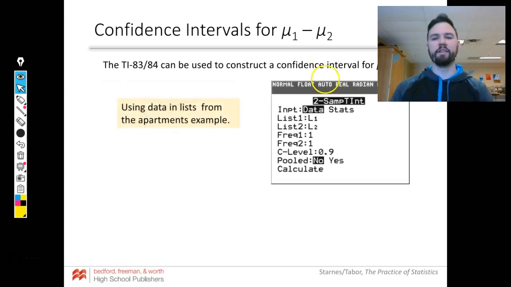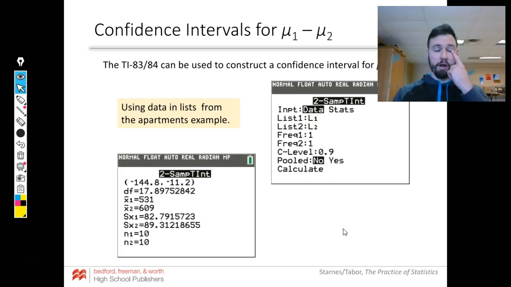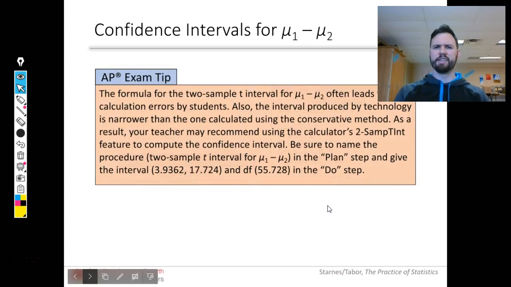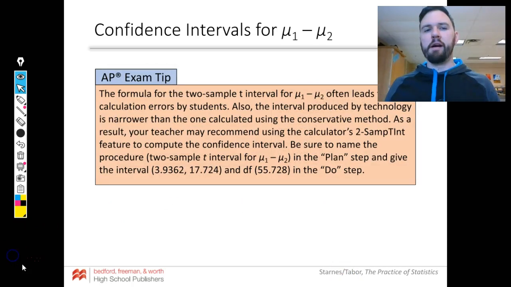Again, if you're using data from lists, you're going to use L1, L2. Just put frequency as just 1. We aren't doing a relative frequency thing here. And the apartment one, sure, now you know. It's going to cost you less money to be in a 1-bedroom apartment. All this tip is saying is use your calculator.